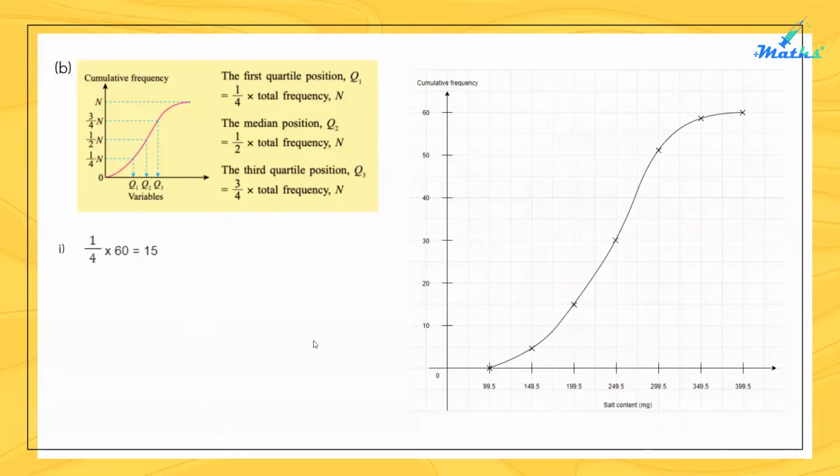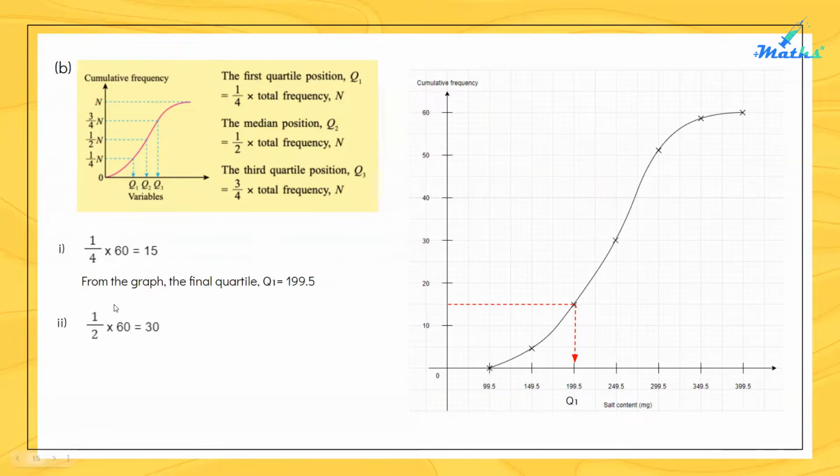So in the graph, we find 15 on the cumulative frequency, and we draw a dotted line. When we touch the line of the graph, we go down. And this is the Q1 answer. So from the graph, the first quartile Q1 is 199.5.